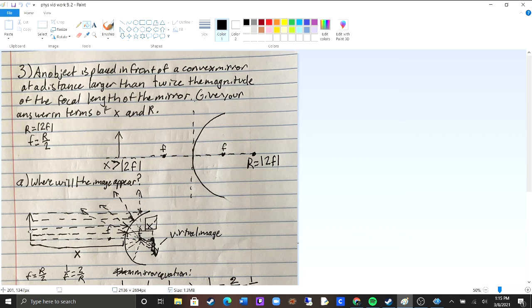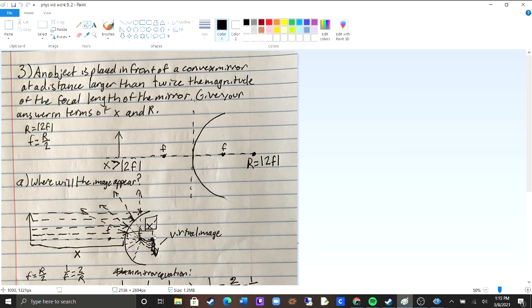And so we have our object right here, and rays are coming off, and they are bouncing off away from this focal point, because that's just how it works. So they look like they're diverging away from this focal point, just like with a diverging mirror.